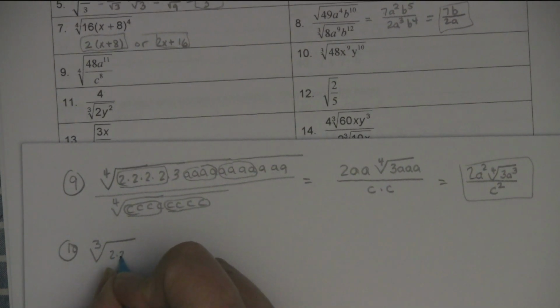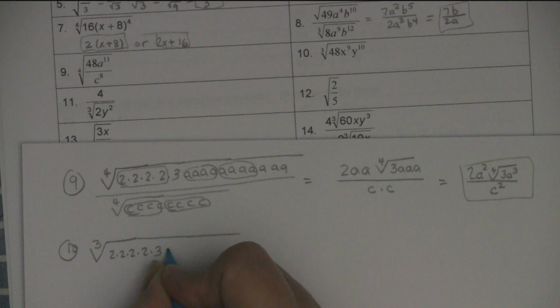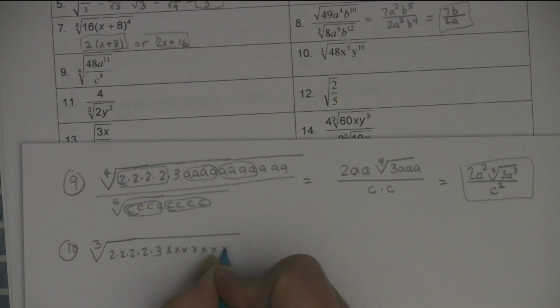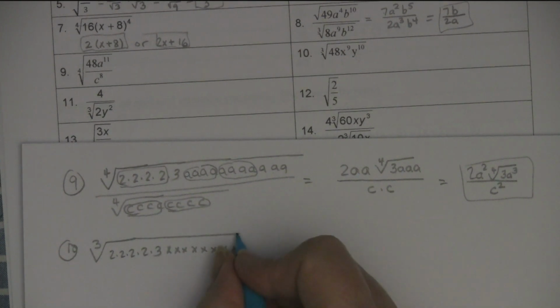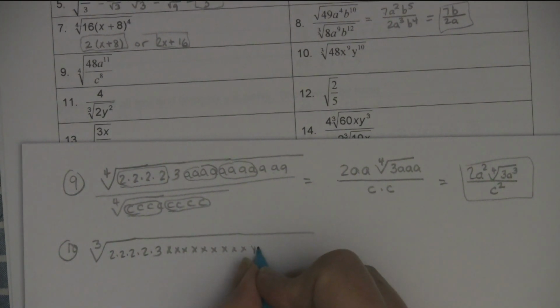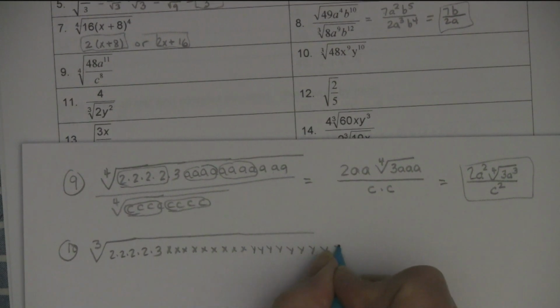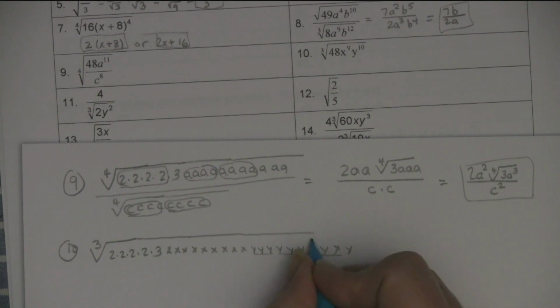It's 2 times 2 times 2 times 2 times 3. x to the 9. And you can certainly write them out, but you can also plan like I was before. Oh man, 10 of them, really? So there's 2, 3, 3 more, 3 more, 10 of them, right?